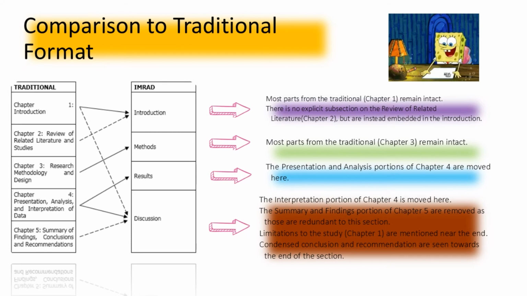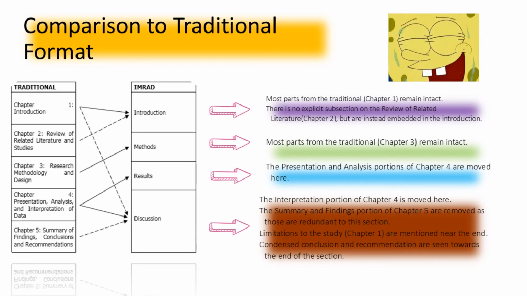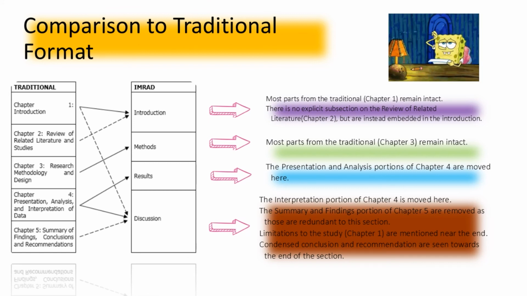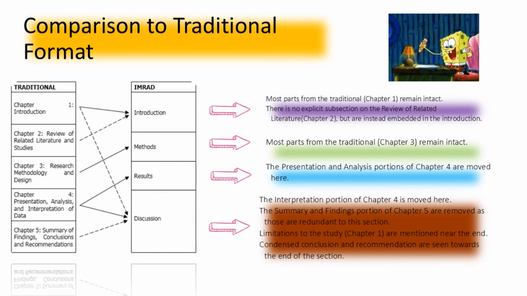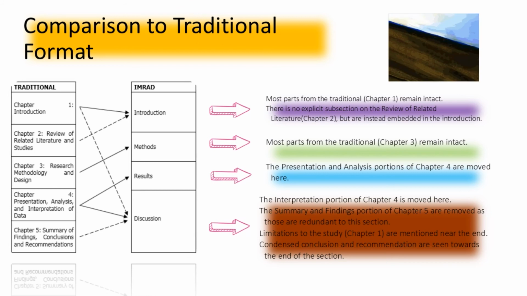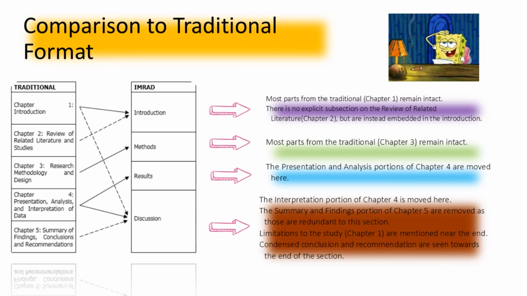The interpretation is moved to our discussion part. Aside from that, the summary and findings of every conclusion that you made during your research may also be put in the discussion part. The interpretation portion of chapter 4 is moved here. The summary and findings portion of chapter 5 are removed as those are redundant to this section.